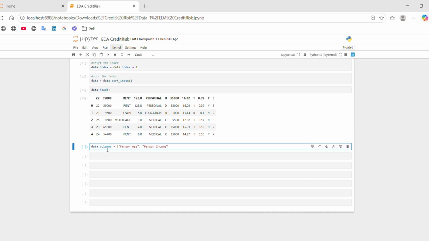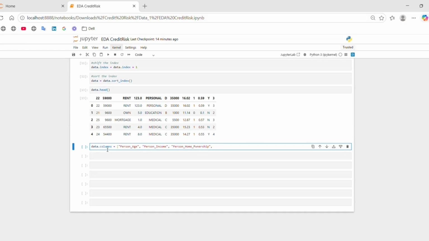Next column you can see is person income. Third column is talking about whether it is homeowner, rent, own, mortgage and everything. So it's person home ownership.